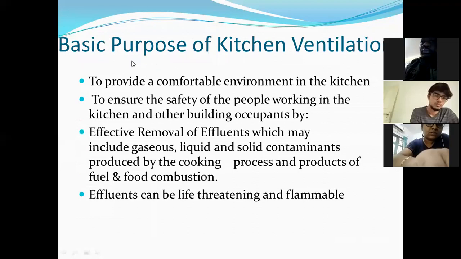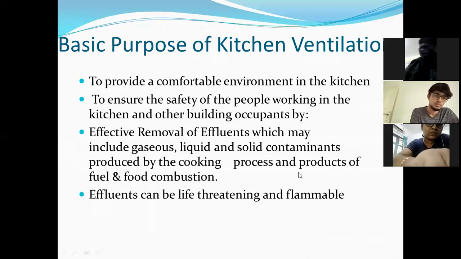Now, the basic purpose of kitchen ventilation. Why do we need this kitchen hood ventilation? I will just dictate it. If you want to note it down, you can note it down in points. Basic purpose of kitchen ventilation: to provide a comfortable environment in the kitchen. Mostly ladies will be in the kitchen, sometimes all through the day.